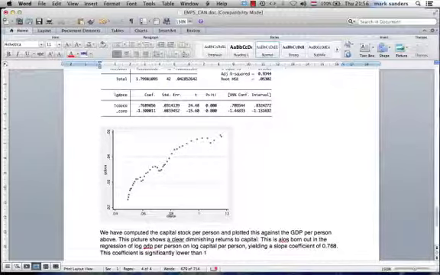It's also somewhat lower than 1 in economic terms. 0.8 is a rather high elasticity, but still, this coefficient is significantly lower than 1.